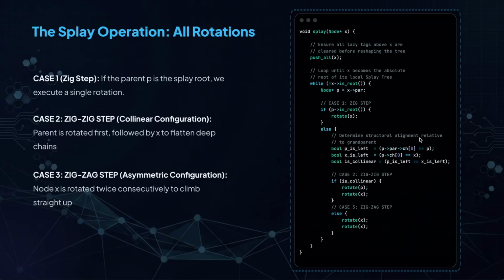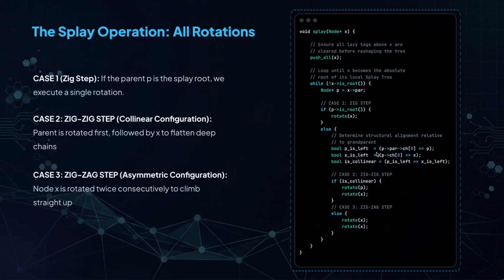Then we determine the alignment of x relative to the grandparent. So what do these two variables do? p is left simply refers to the question of whether G's child p is its left child. Similarly, x is left denotes whether p's left child is x, right?